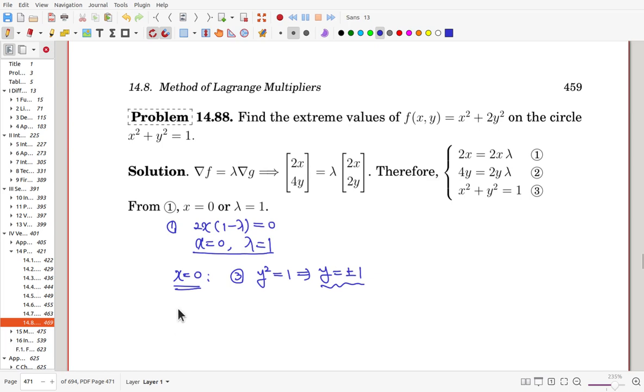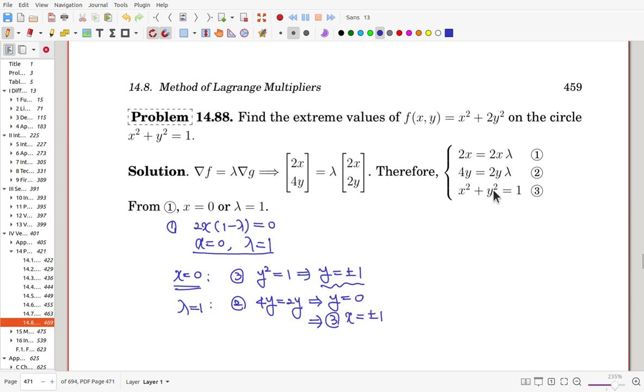So when x is 0, we have y value plus minus 1. The second choice is lambda equal 1. Then lambda is 1, and from the second equation, we have 4y equal 2y. The only solution for that one is y equals 0. Then from the constraint equation, x must be plus minus 1.